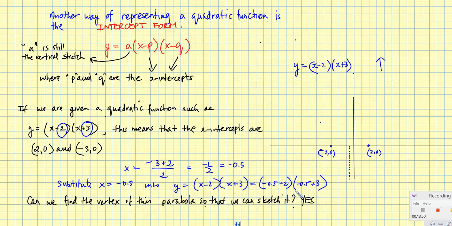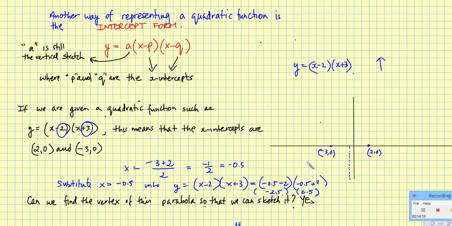And what that ends up giving us is 2.5 and another 2.5, which gives us a negative 5. Negative 5.5, I believe.